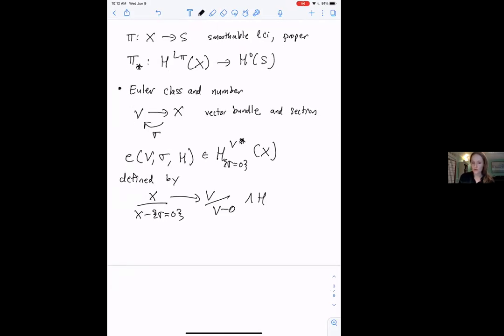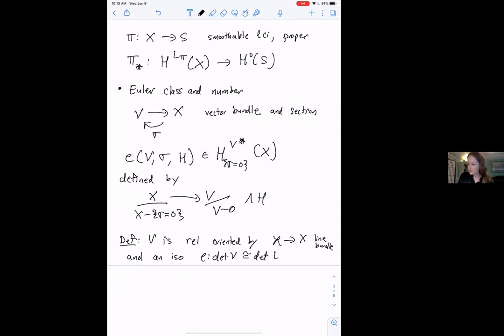So let's do: V is relatively oriented by the data of a line bundle and an isomorphism from the determinant of our vector bundle to the determinant of the cotangent complex.